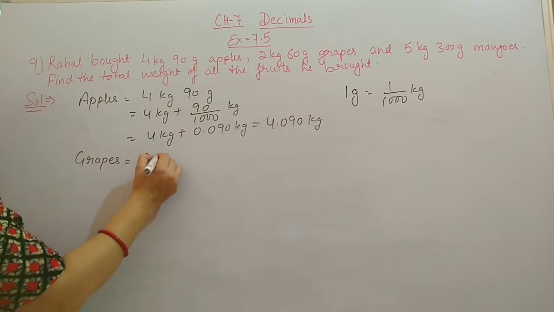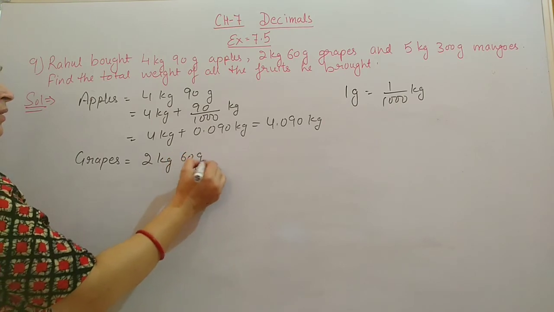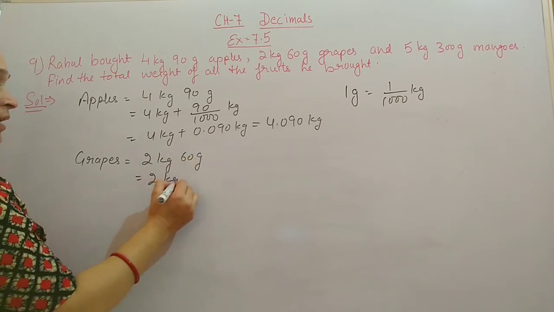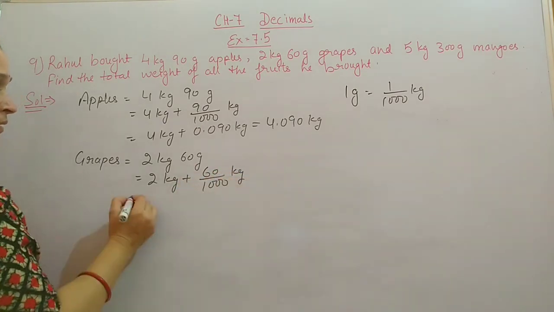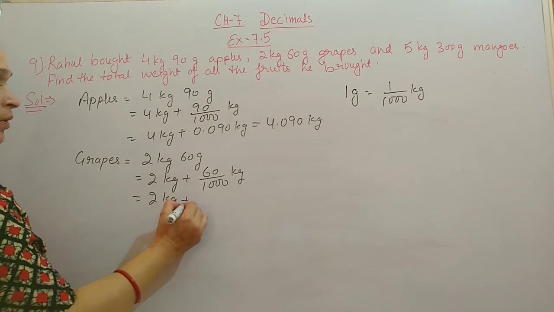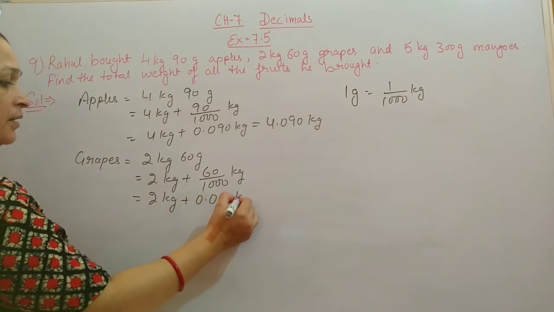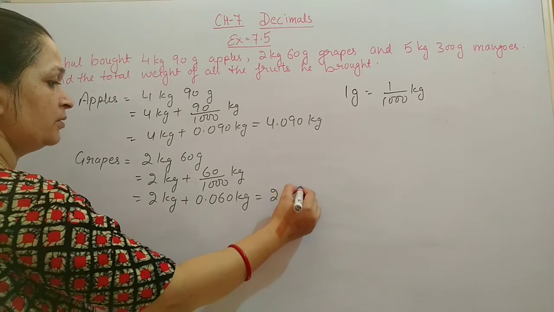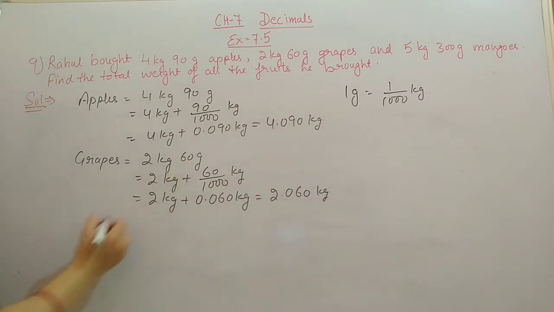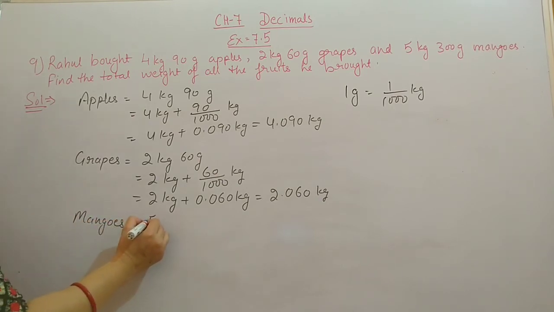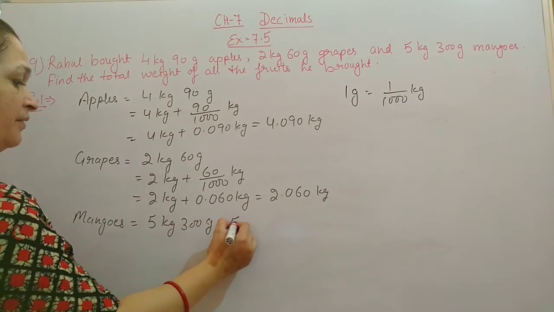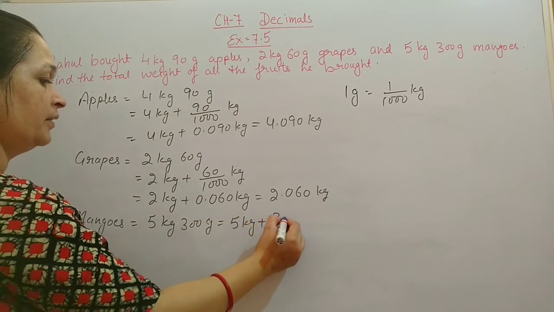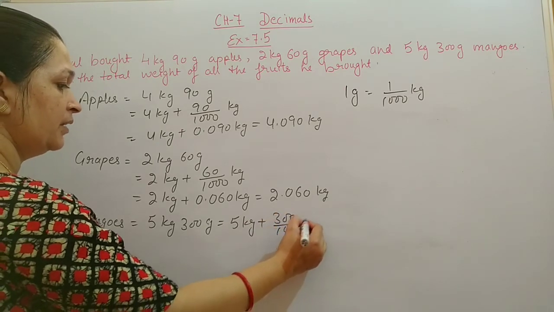Next, grapes is 2 kg 60 gram. To change into kg, we will divide by 1000. It will become 2 kg plus 0.060 kg, which we can write as 2.060 kg. Next, mangoes are 5 kg 300 gram. To change into kg, divide by 1000.